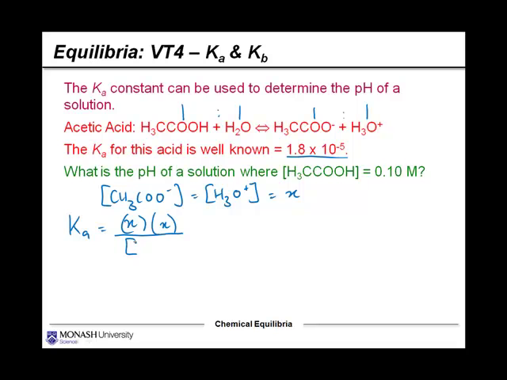Well, we know these values. Ka is 1.8 times 10 to the minus 5. Call that X squared. The concentration of the original acid was 0.1 molar. Rearrange the equation.